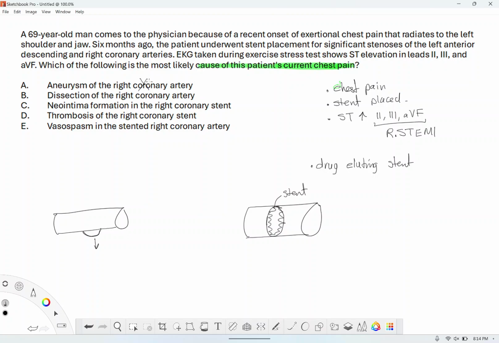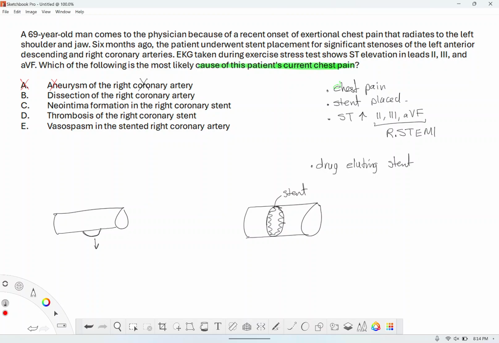It could happen, but unlikely with a stent, unless the blood vessel is already damaged during stent placement. So there has to be some sort of damage from the inside of the blood vessels, so the blood vessels can expand and dilate. Maybe infection, maybe syphilis, for example, or maybe a cholesterol plaque, things like that. So I'm not going to choose in this case A. So an aneurysm is unlikely.